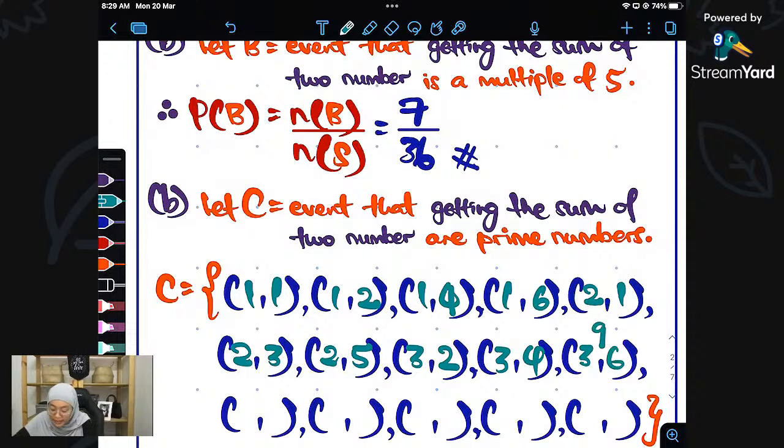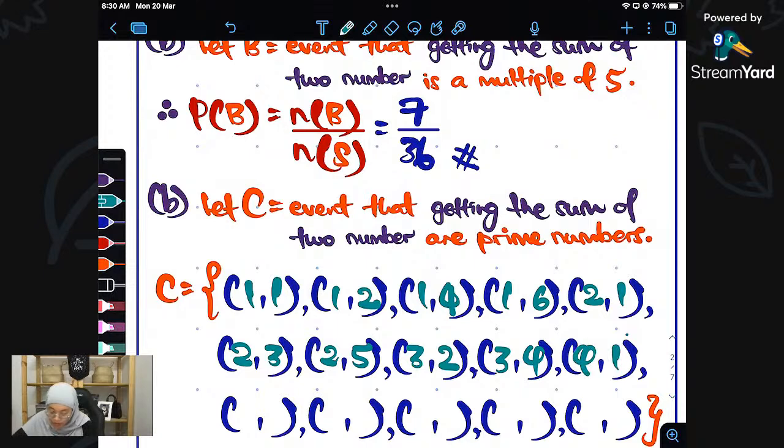Because 3 plus 6 is 9. 9 is an odd number, but it is not a prime number, because it can be divided by 3 or by itself. So this is not a prime number. So reject. And so 3 is enough there. We have to move on with 4.